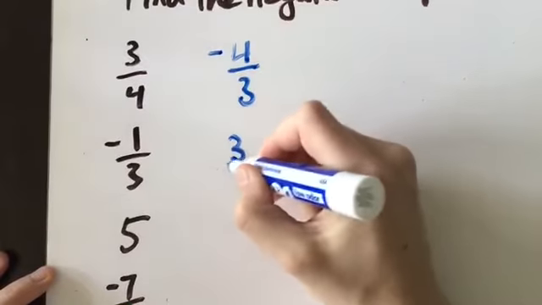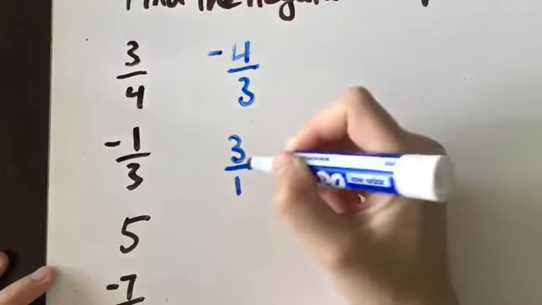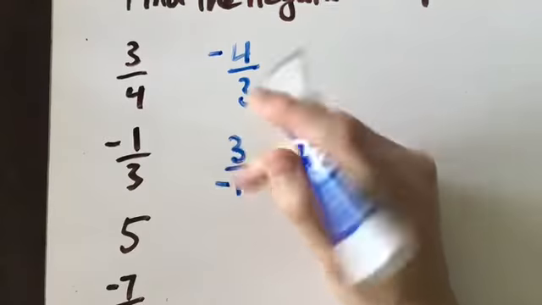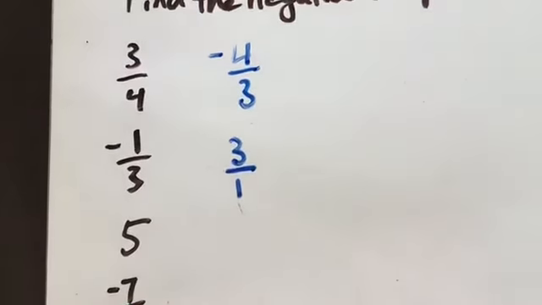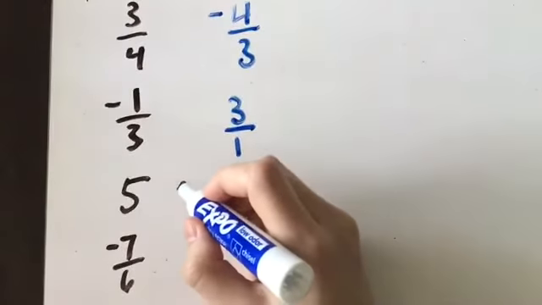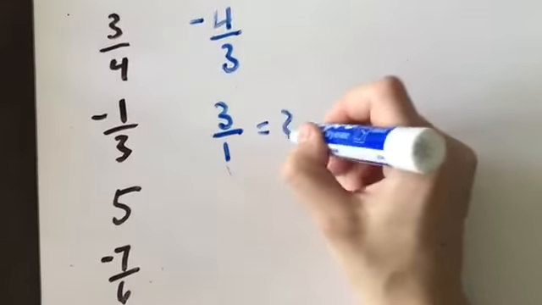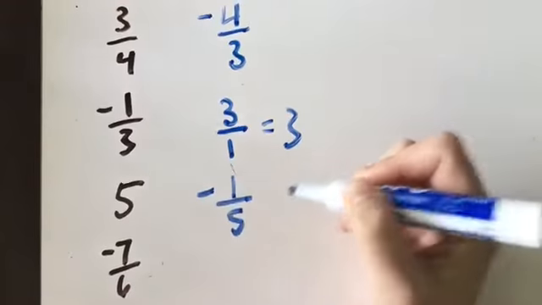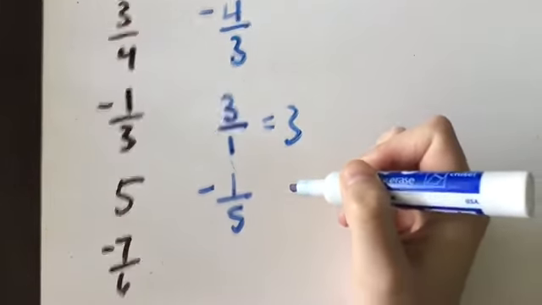So that makes it 3/1, right? And then we're going to negate that. So we have to make it positive. We change the sign. The negative reciprocal of positive 5 would be 1/5. Now change the sign. Negative 1/5.